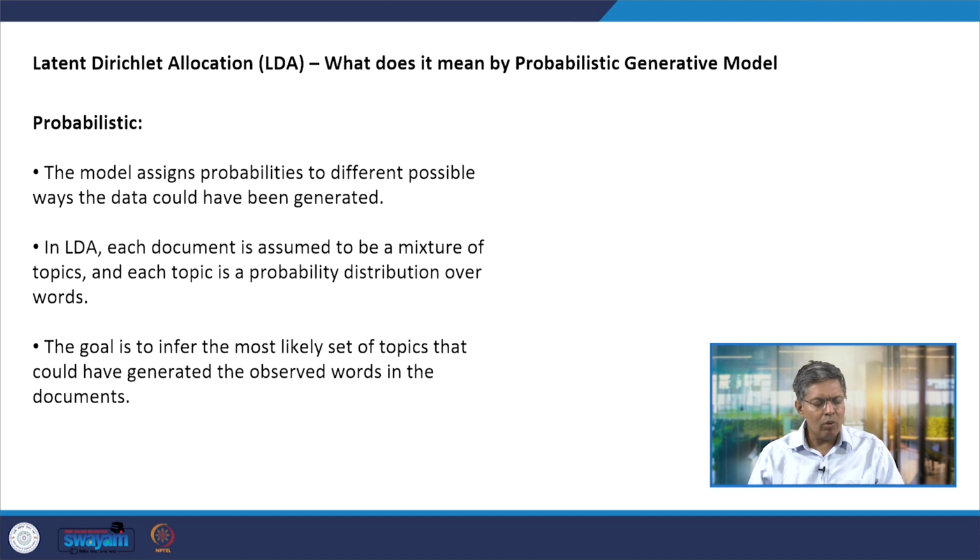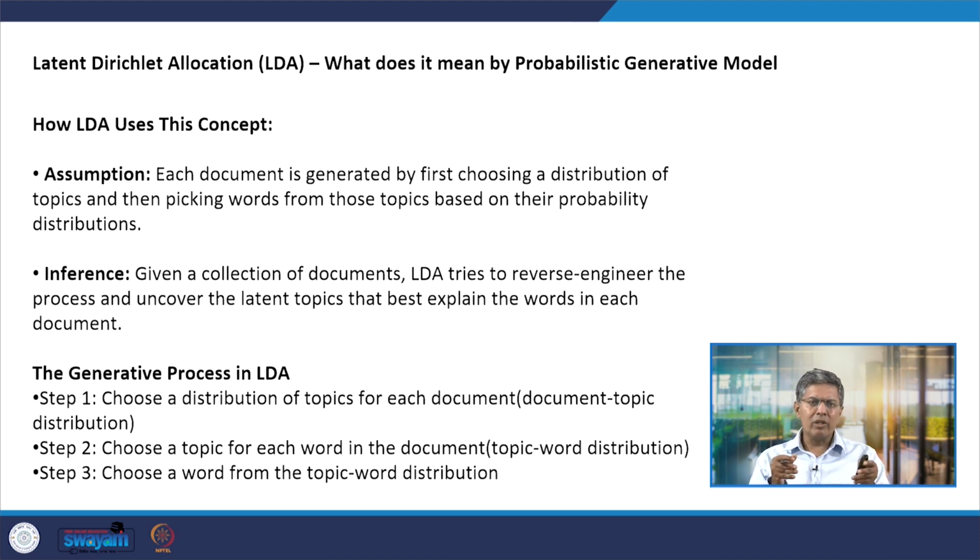So, finally the goal is to infer the most likely set of topics that could have generated the observed words in the documents. So, by looking at the observed words in the documents, we can say what are the most possible topics that could have generated them. Now, how does LDA use this concept?